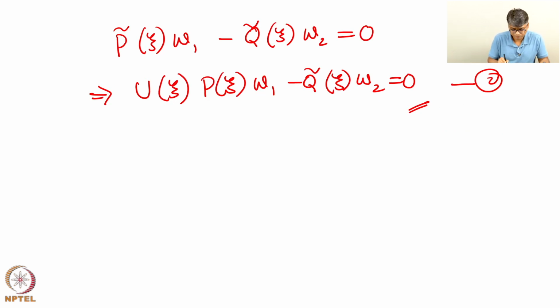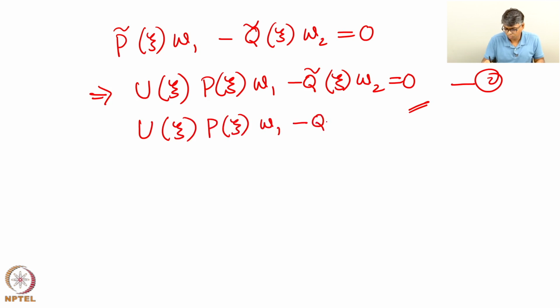What does that mean then? It means that for every such W1, W2, I can subtract 2 from 1. Let me write equation 2 below. Equation 1 says U(ψ) P(ψ) W1 minus U(ψ) Q(ψ) W2 is equal to 0.